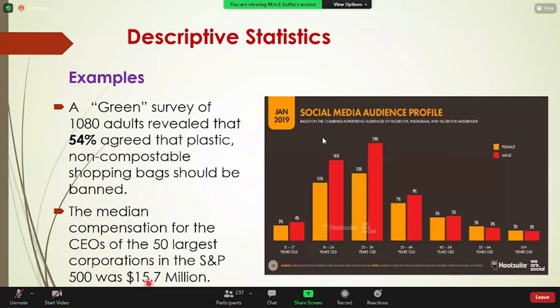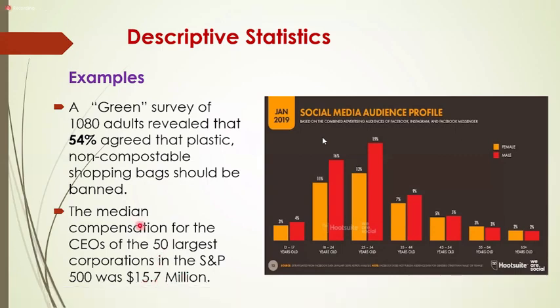That is given by 15.7, the median, right? So median means 25 CEOs are receiving compensation below 15.7 and another 25 are receiving compensation of 15.7 million or above.